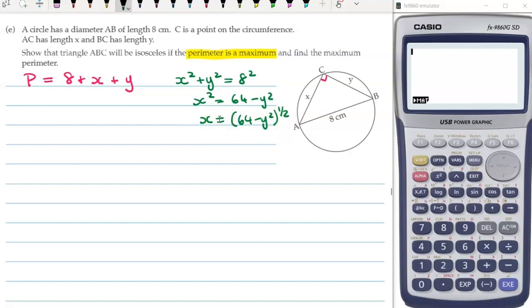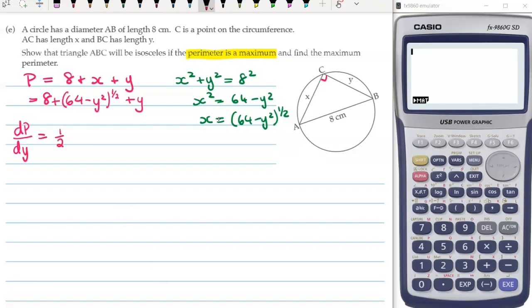Okay, now in the perimeter formula, I can replace the x with (64 minus y squared) to the half, which means we have everything all in terms of y, and I can differentiate dP by dy. So if I differentiate in terms of y, the 8 is gone.